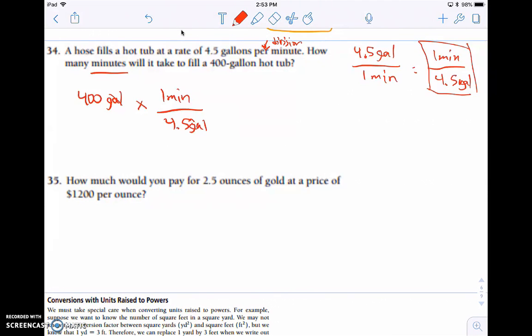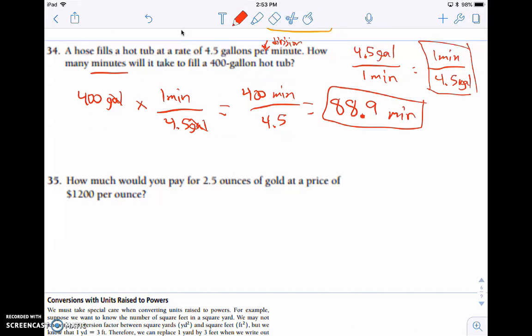And again, gallons are going to cancel, so we get 400 minutes divided by 4.5. And this comes out to roughly 88.9. I think it's 88.8 repeated, but we'll round it up. 88.9 minutes. So that's how long it will take to fill up the hot tub at that given rate, 4.5 gallons per minute.